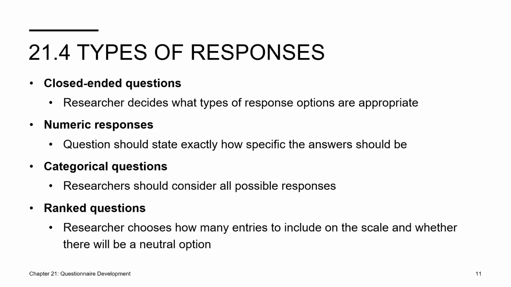And then the ranked questions, where the researcher chooses how many entries to include on a scale and whether there's a neutral option. So I worked with someone once who really did not like the neutral option on the strongly agree to strongly disagree scale. For example, I usually will start with 1, strongly disagree, 2, disagree, 3, undecided or neutral, 4, agree, and 5, strongly agree.